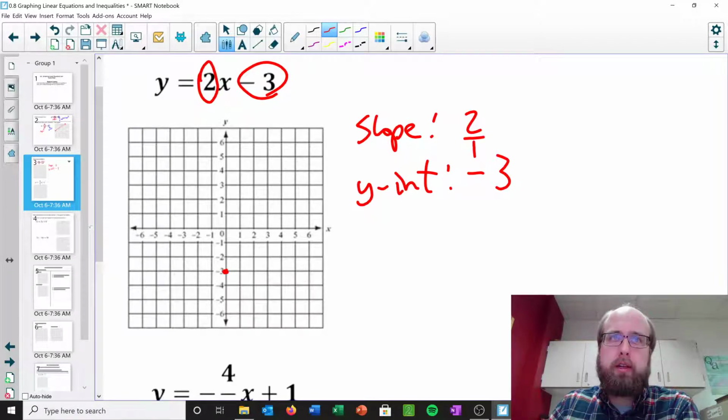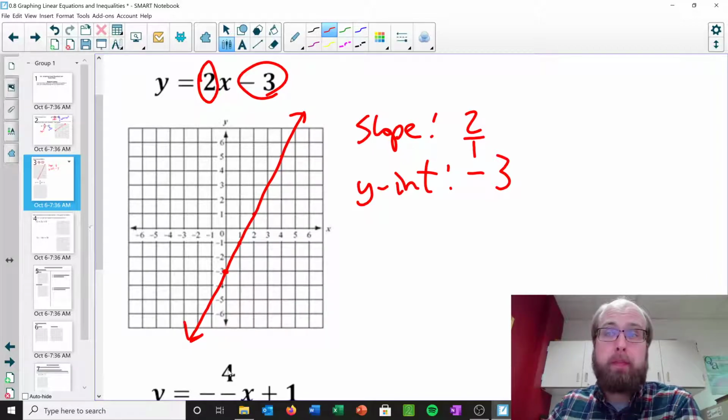So even though the slope says 2, that's the same as 2 over 1, which means a rise of 2 and a run of 1. From our y-intercept, we go 2 up, a rise of positive 2, and 1 to the right, a run of positive 1. We keep going, up 2 over 1, and we could also go in the opposite direction, down 2, left 1. Connect those up, and there's our graph.